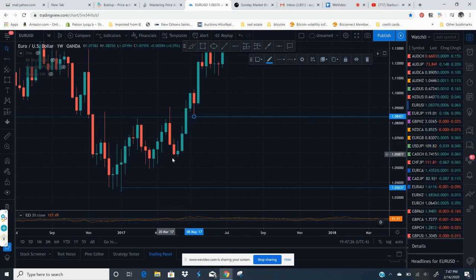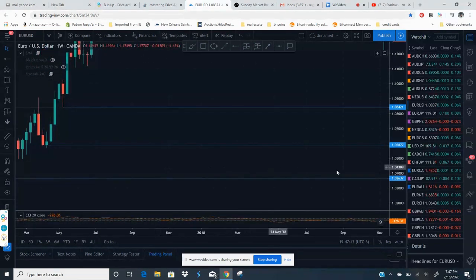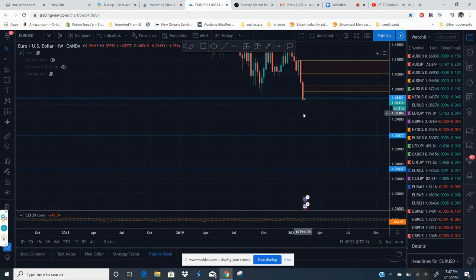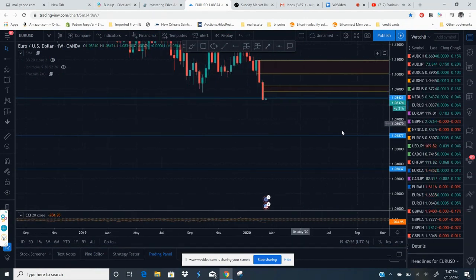This area right here, this zone, I should say. So this has the potential to come in and touch this and might push down to the downside.